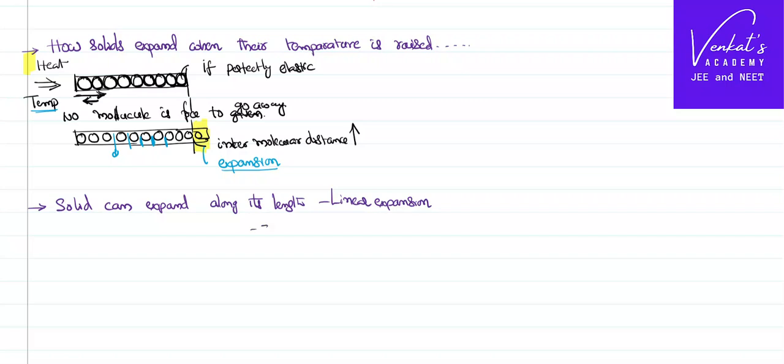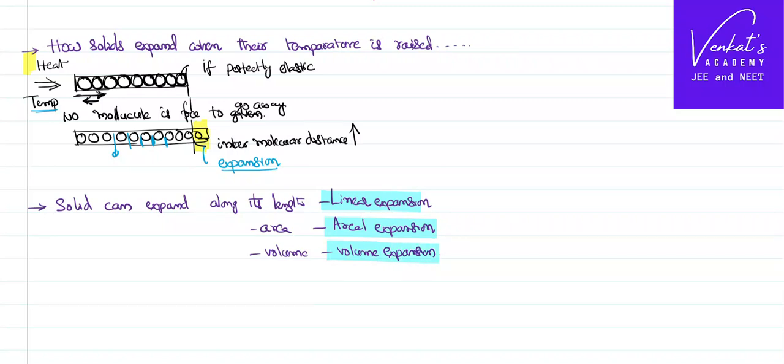It can also expand along its area, in two dimensions. That is called areal expansion. It can also expand along its volume. That is called volume expansion. So a solid can expand in three ways: linear expansion, areal expansion, and volume expansion.